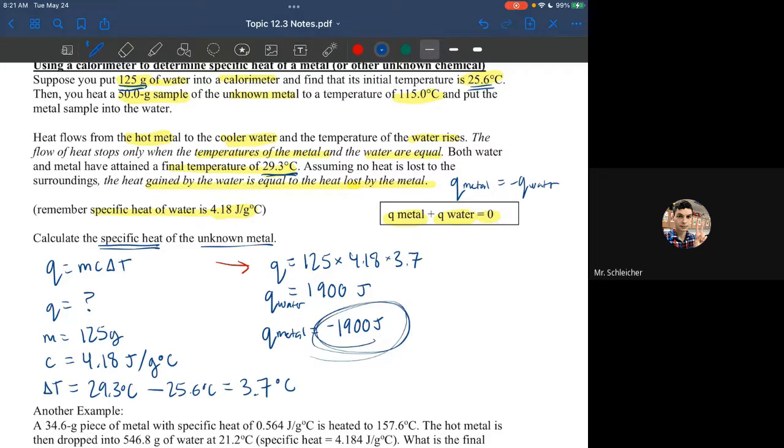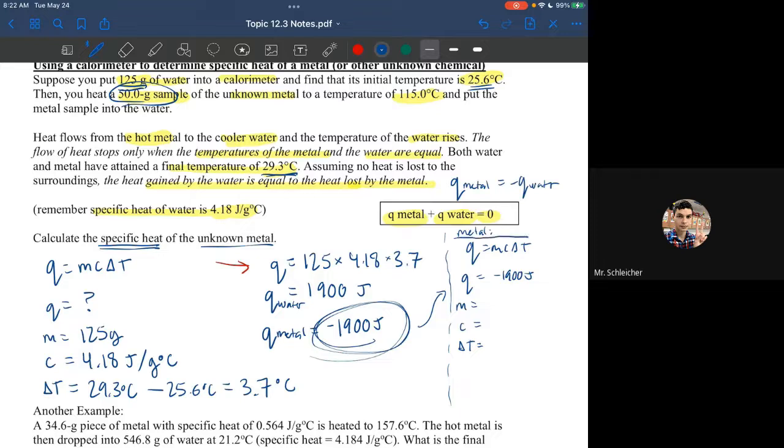The other thing that we know is that we have 50 grams of metal, and we should also know the temperature change of the metal. So let's go ahead and calculate this with another Q equals MCΔT equation, and define our variables once again. So our Q is equal to negative 1900 joules.